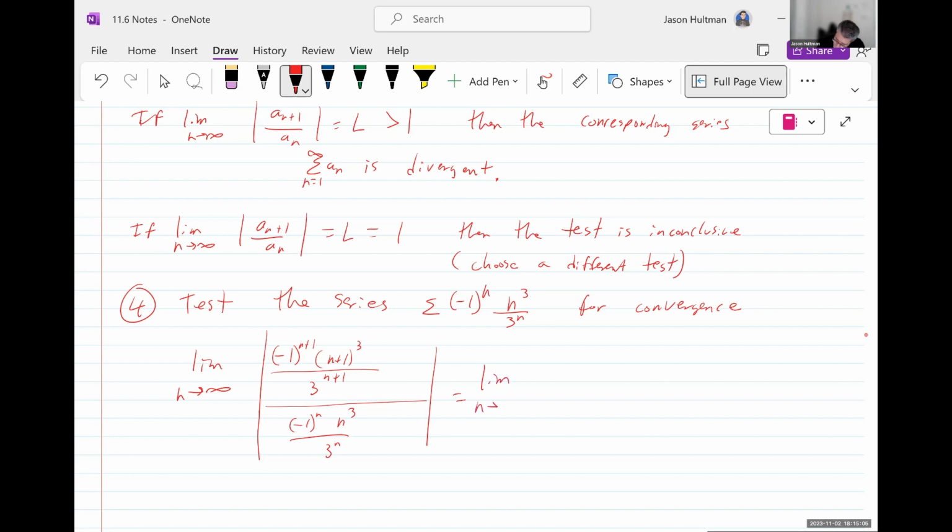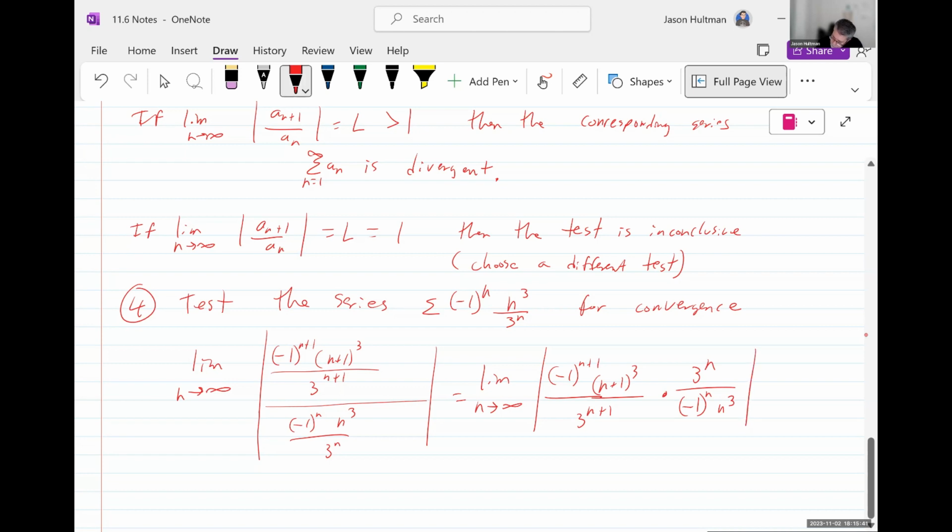This is the limit as n goes to infinity of (-1)^(n+1) times n plus 1 cubed over 3 to the n plus 1, times 3 to the n over (-1)^n n cubed.